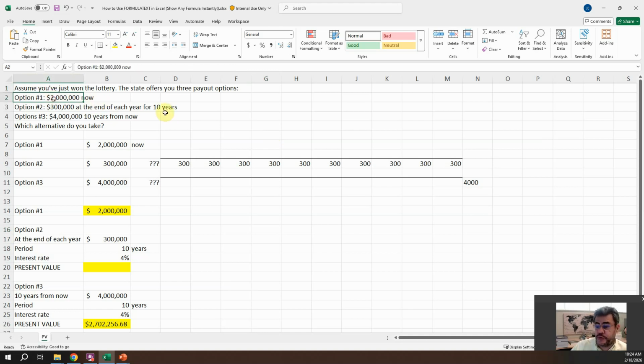Option 1, $2 million now, so the present value is $2 million, or option 2, $300,000 at the end of each year for 10 years, or option 3, $4 million 10 years from now. So I use these to explain present value.